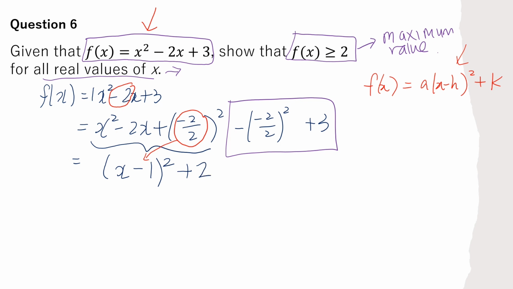All right. Okay. So we have to do some explanation. When you say show that, it means you just explain. Showing something is that you just work it out and explain, right?